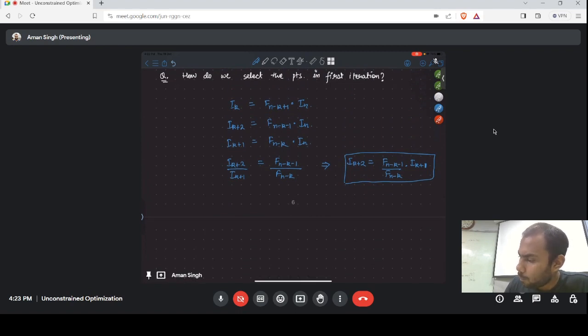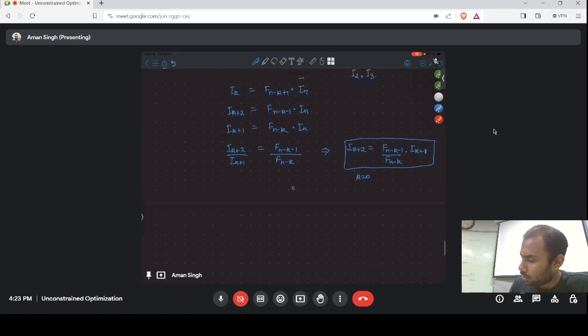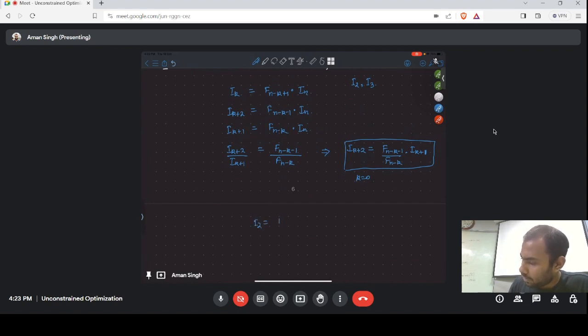Now we want to know I2 and I3, correct? So let's put k equal to 0. Then I2 equals F(n minus 1) upon F(n) dot I1, where I1 we know, which is the b minus a interval.